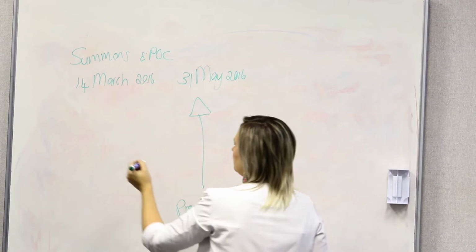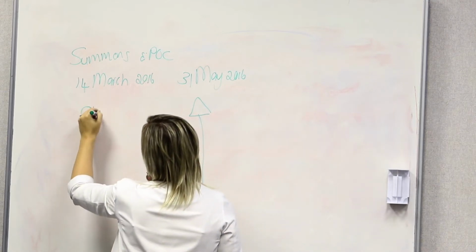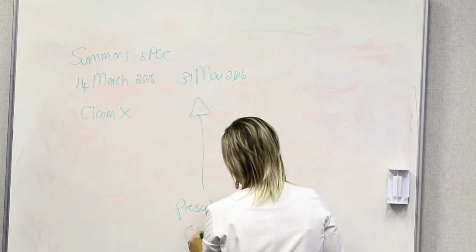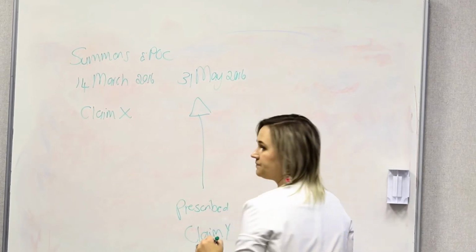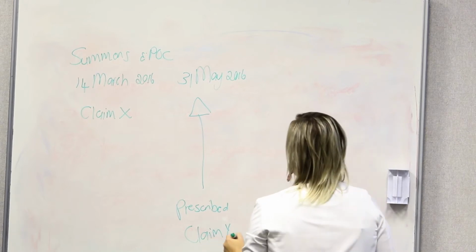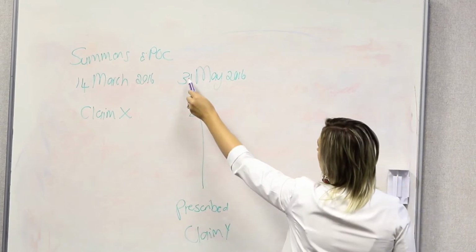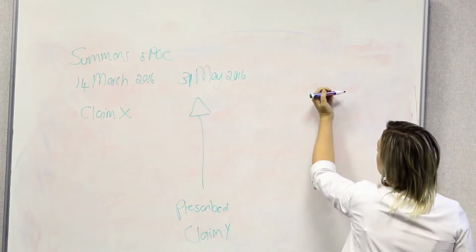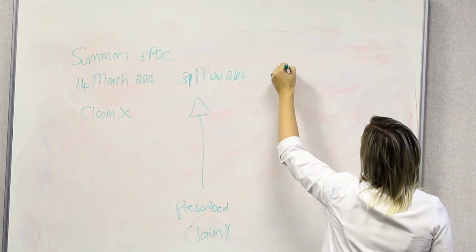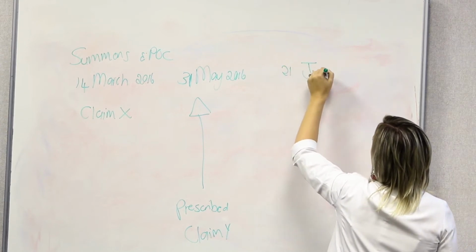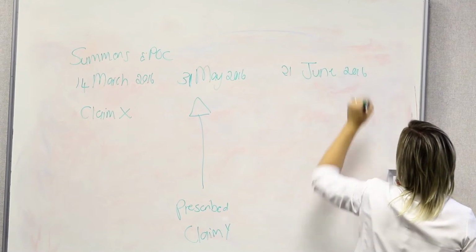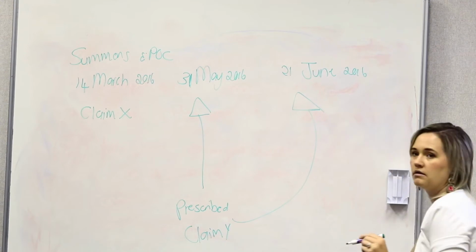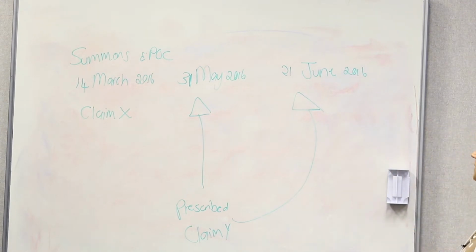This is now a claim for, let's say, claim X. Claim Y would have become prescribed there. Now, the plaintiff seeks an amendment on 21 June 2016 to also introduce claim Y. So he has two claims against the defendant.